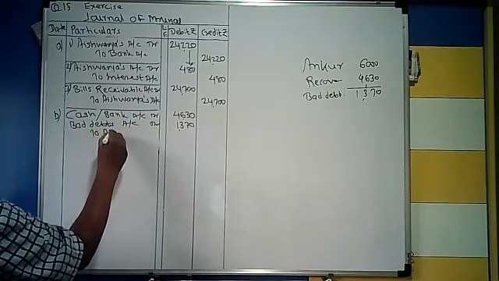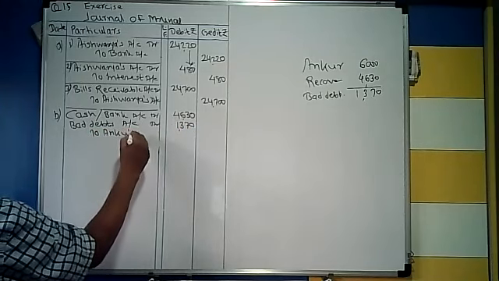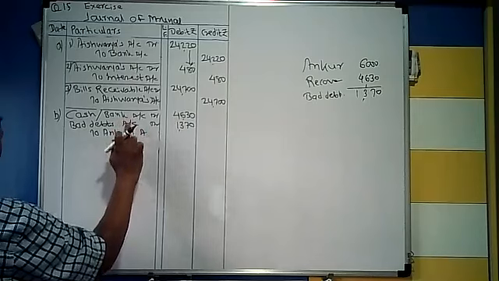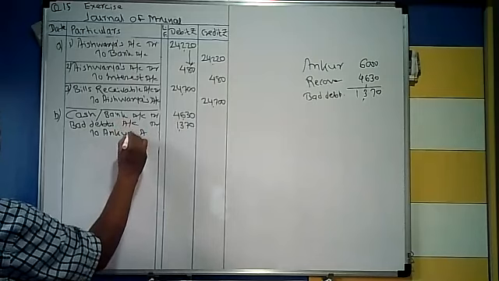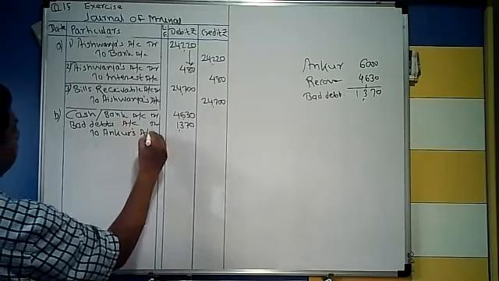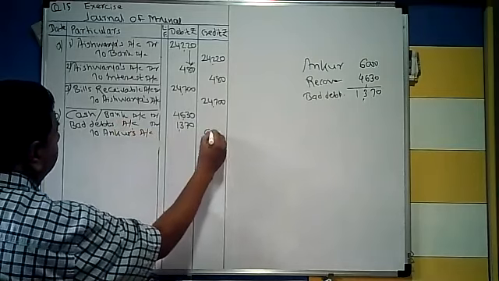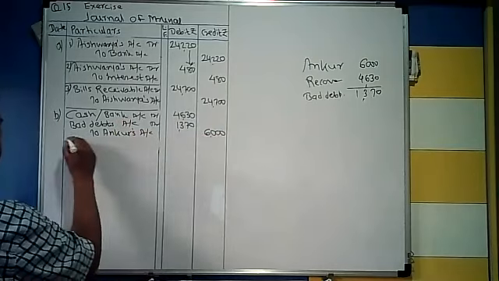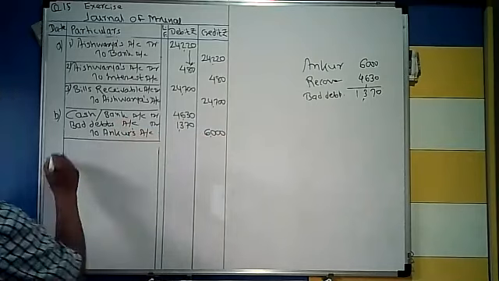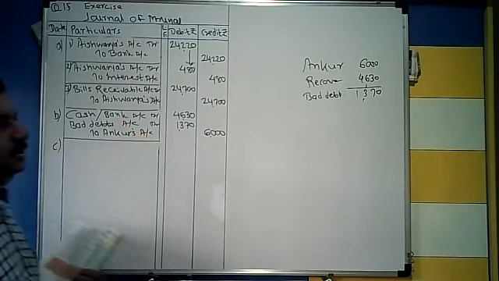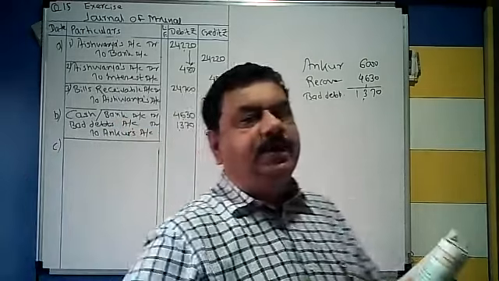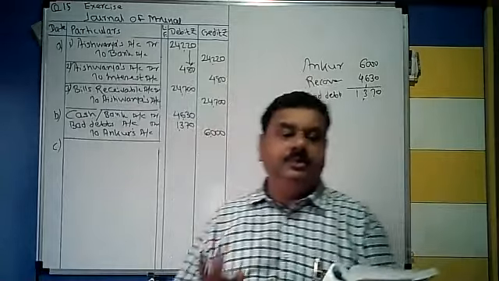To Ankur account, it is 6000. So that is only one entry so far for the recovery from Ankur.